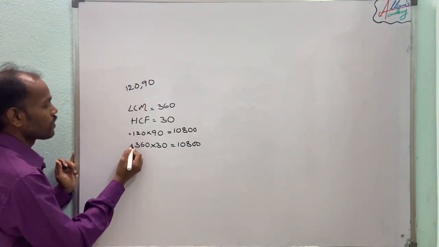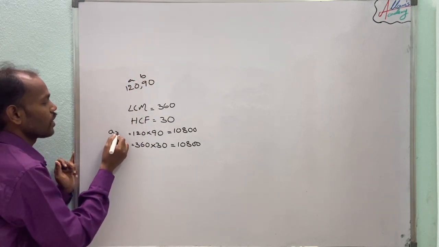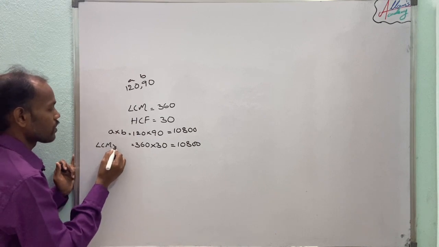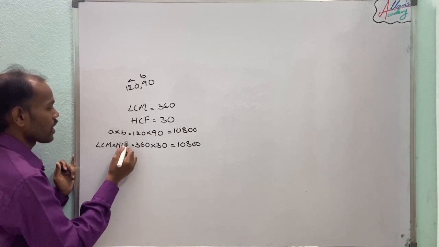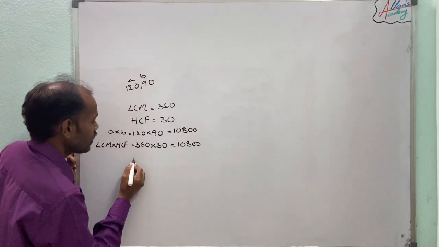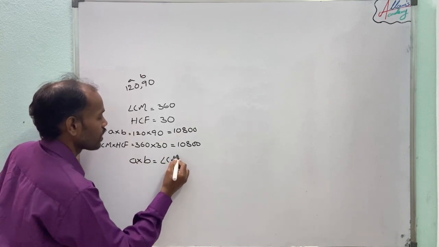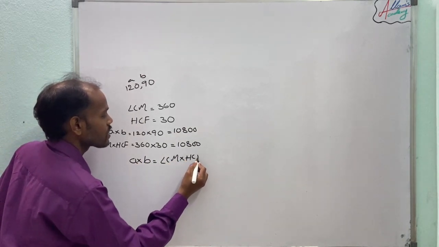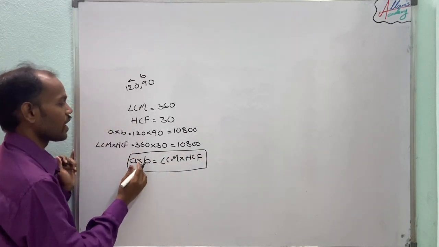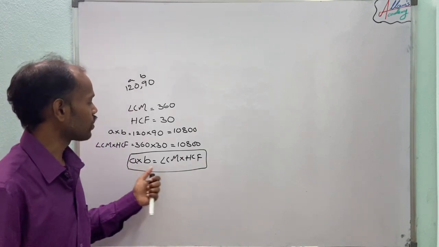So if the given numbers are A and B, then A into B is equal to the product of LCM and HCF. Here we conclude that the product of the two given numbers is equal to the product of their LCM and HCF. By using this principle, if any three values are given, then we can find the fourth value.